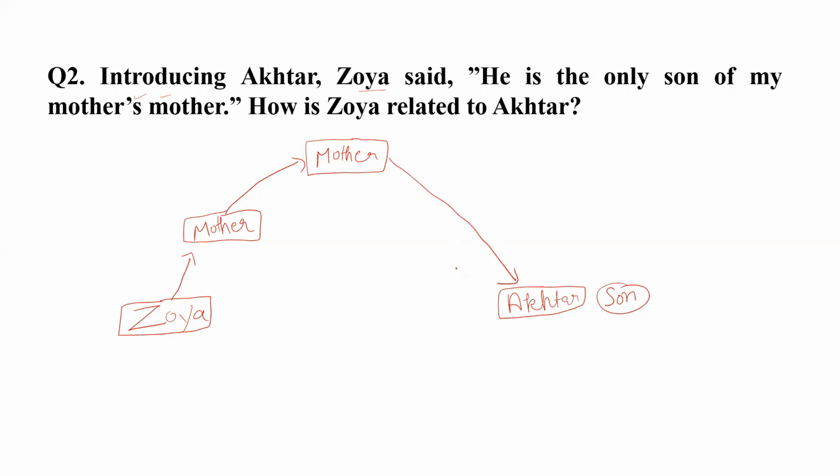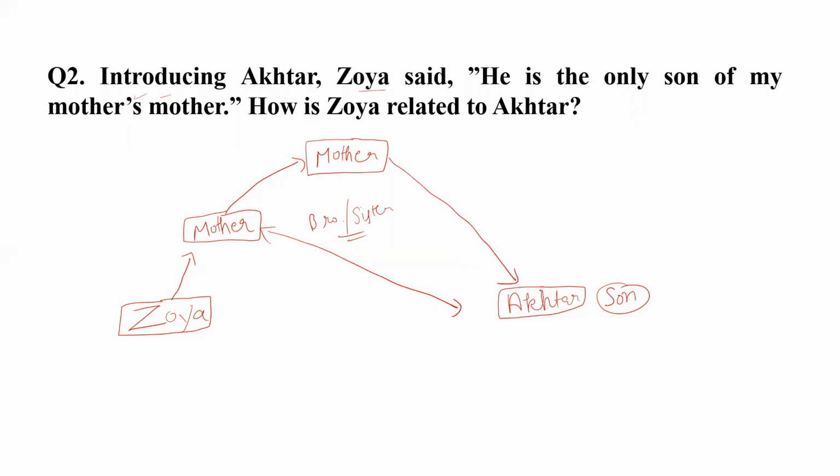So that ultimately means if this lady is having Akhtar as her son and the mother of Joya as her daughter, then these two parties should be having the relationship of siblings. That means the relationship of a brother and sister.